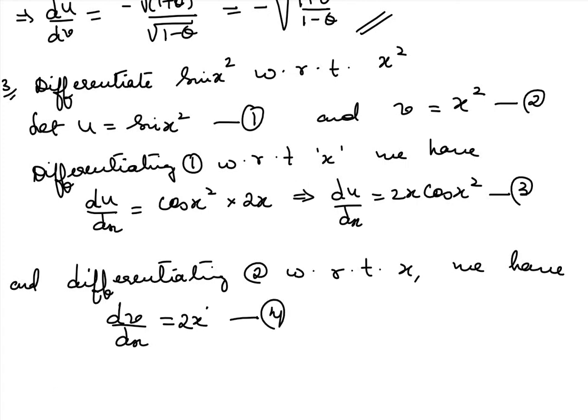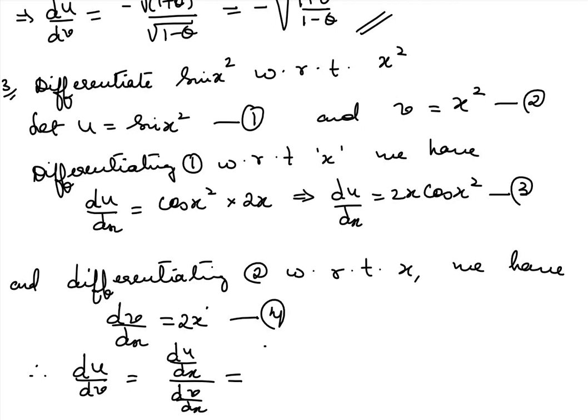So now let us see the differentiation of sine x square with respect to x square. Therefore, du dv will give you the derivative of sine x square with respect to x square. It will be du dx upon dv dx, from equations 3 and 4.